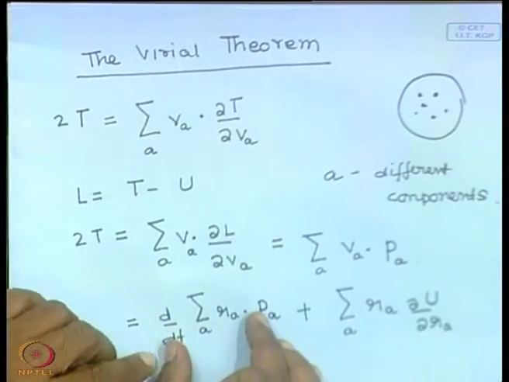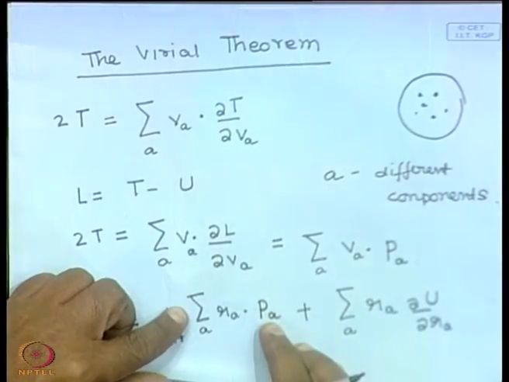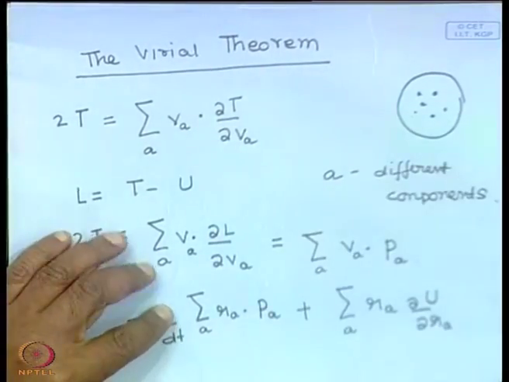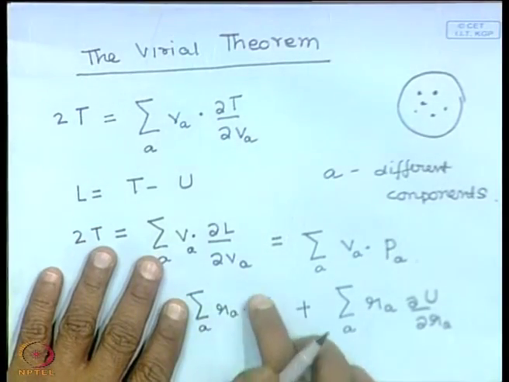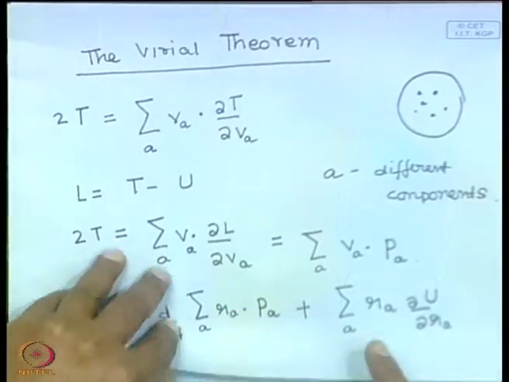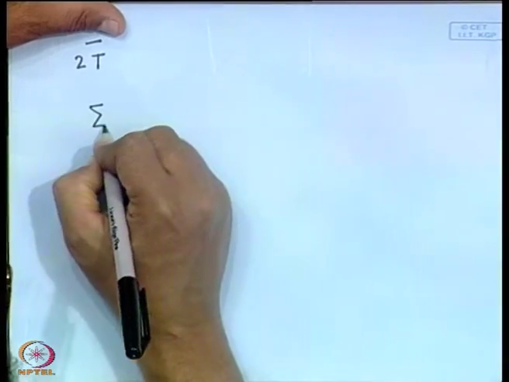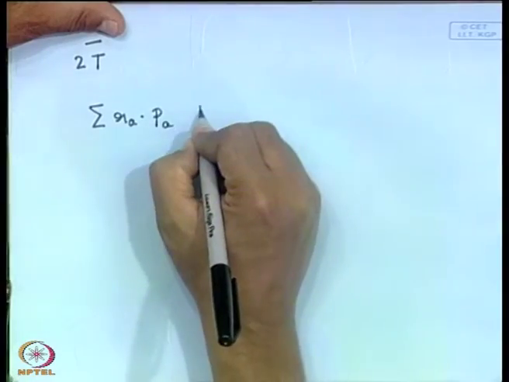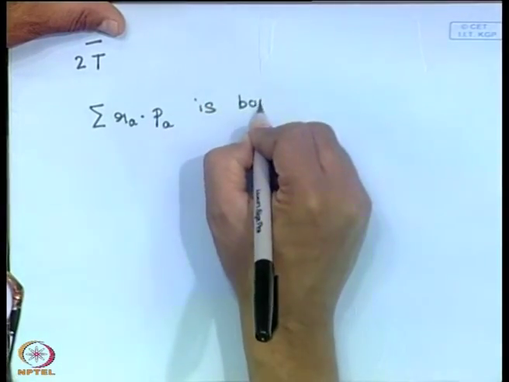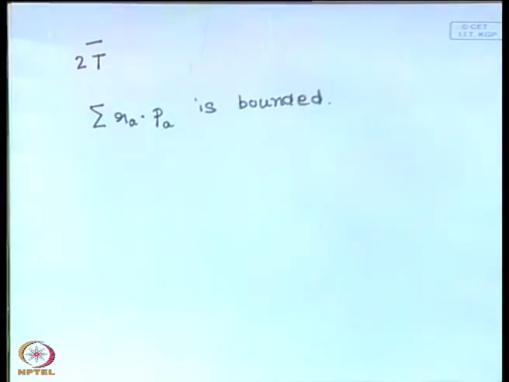So, I have to now find the time average of this. Now, the quantity r into p, if the system is bounded, is also going to be bounded. Okay. So, this quantity is going to be bounded, and if my system is bounded, this quantity is also going to be bounded.